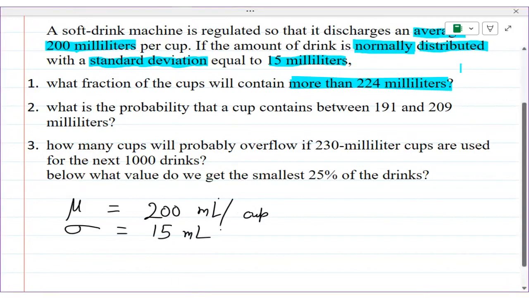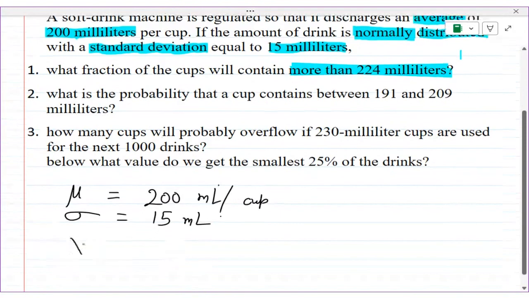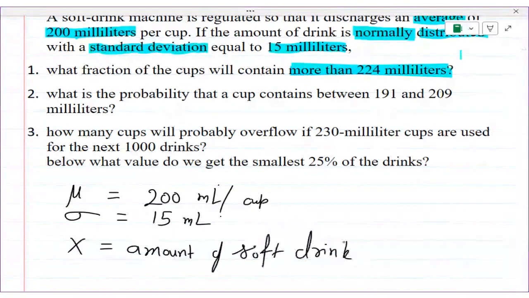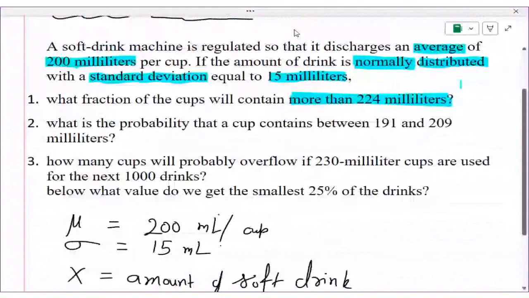in this question? The X is the amount of soft drink. How do I know that this is the X? In the question they have mentioned that the amount of drink is normally distributed.